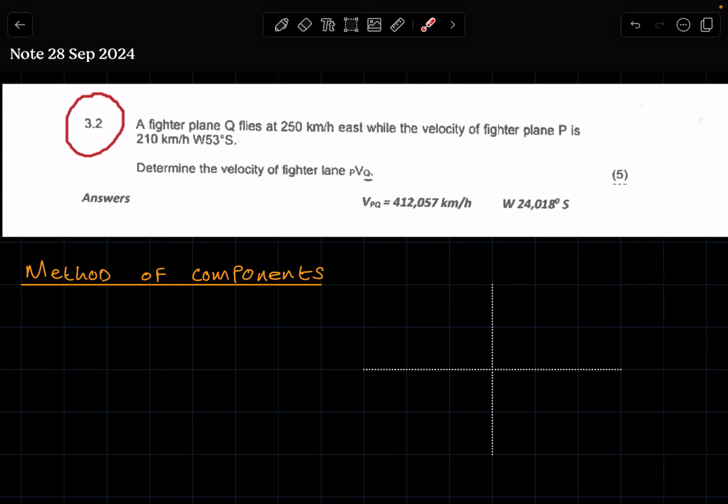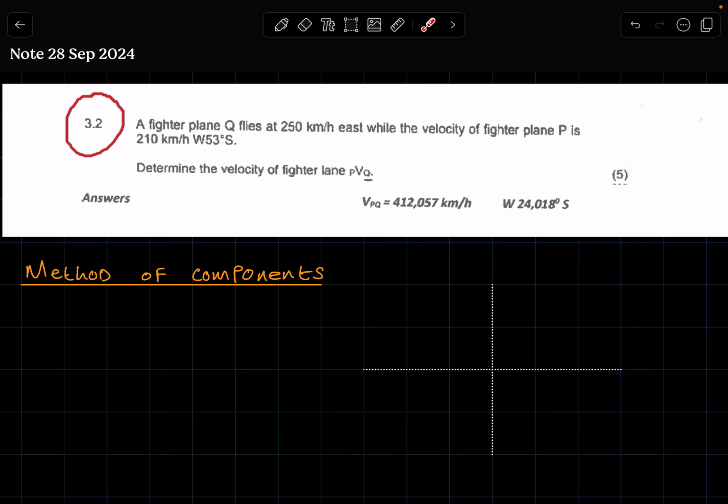Now, with relative velocity, this is what you look out for. These are the most important things you need to look out for. In fact, these are the only things that you need to look out for. Once you've identified the things I'm about to mention, you essentially are good to go. With relative velocity, what we are trying to do essentially is to compare the velocities of two objects.